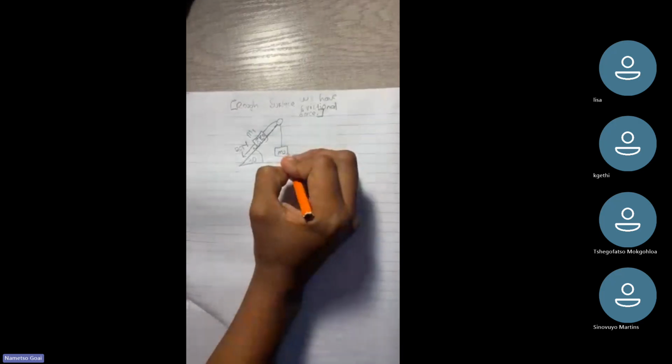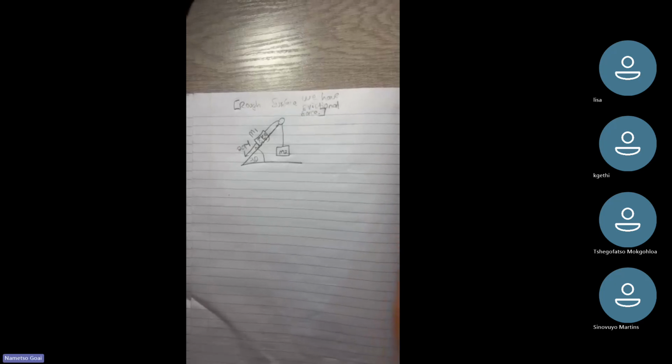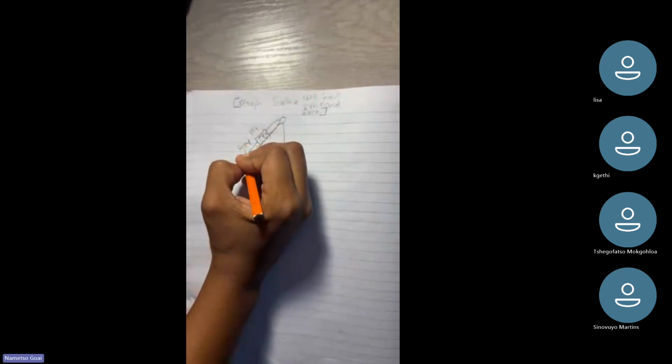So here we don't know the mass of M2, right? Fine. A force of 20 Newton is applied, right? This is our F applied over here, to M1, down from X to Y. Where's Y?